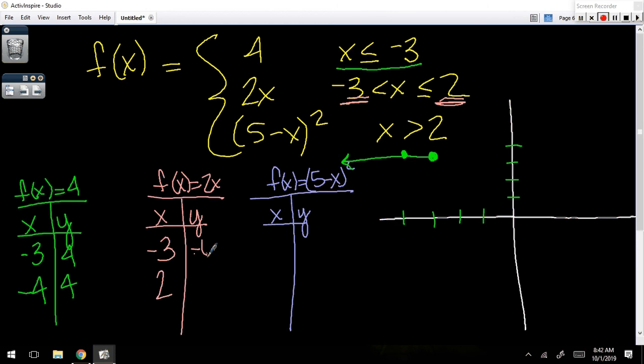Negative 6. X less than or equal to 2 is how you read it. But how you interpret it is that X is between negative 3 and 2. Negative 3 is the smallest X can be, and 2 is the biggest X can be. So it's got to be in between those 2 values.